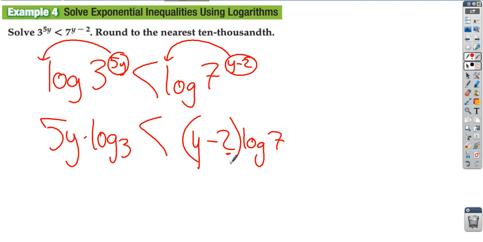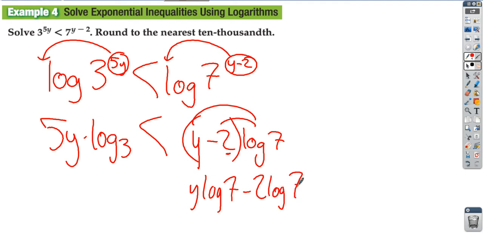Now what we need to do is, it would be a good idea to distribute that y minus 2, because otherwise we don't want to divide by y minus 2 at this point, then we're not sure if we're dividing by a positive or negative number. So we'll distribute to this thing, so we get y log 7 minus 2 log 7. And that is less than this thing.